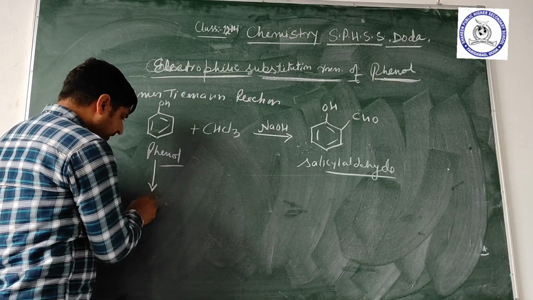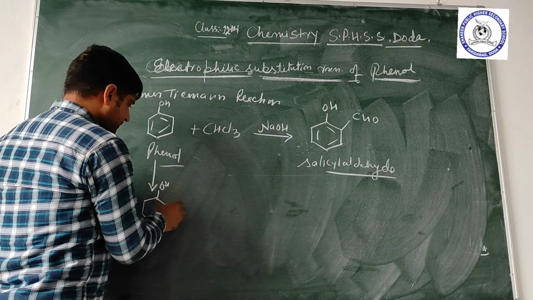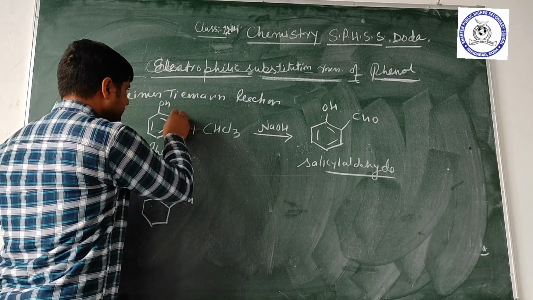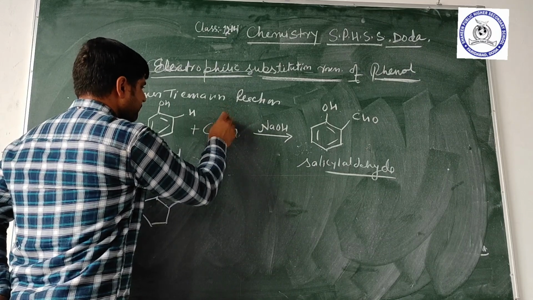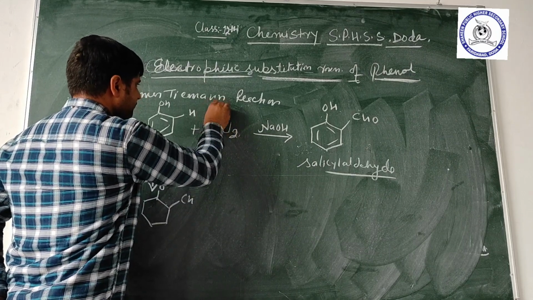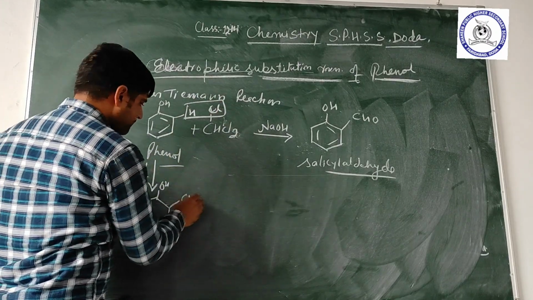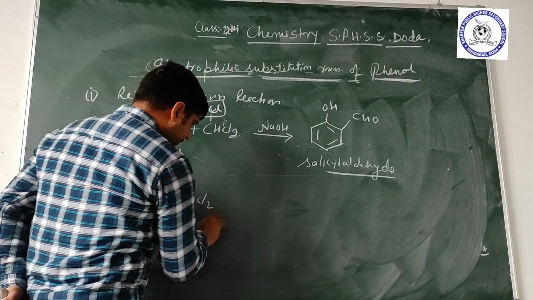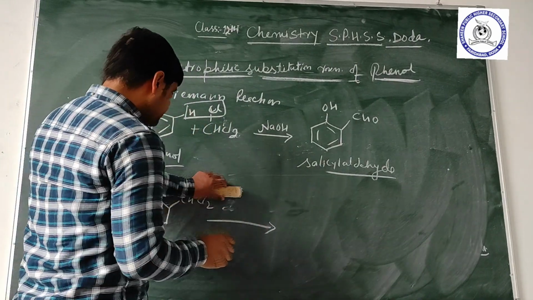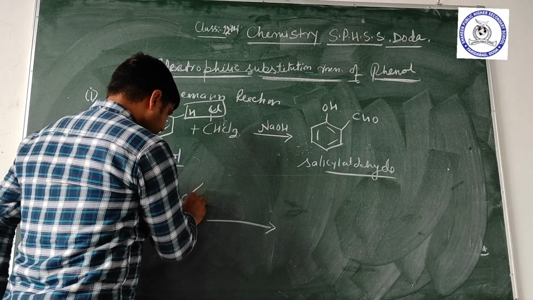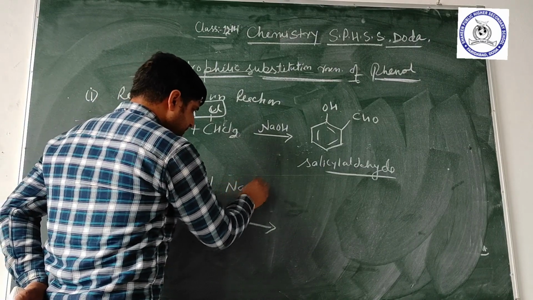In this reaction, when chloroform is treated with phenol, they form an intermediate product. This, minus HCl, forms CHCl2, followed by treatment with 2 moles of sodium hydroxide.